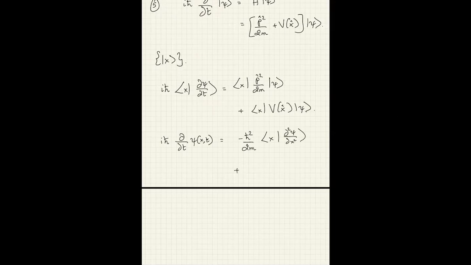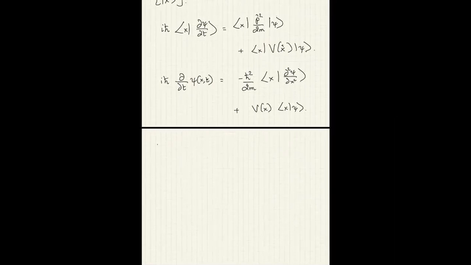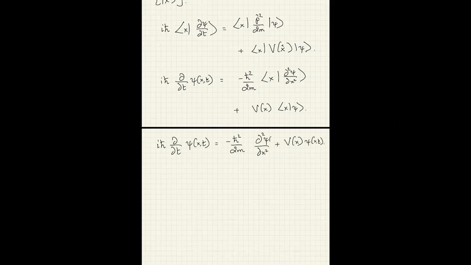So this is simply v of x psi of x. So in the x representation, the time-dependent Schrodinger equation can be written as iħ d/dt of psi of x comma t equals minus ħ square over 2m d square psi over dx square plus v of x psi of x. So this is the Schrodinger equation in the x representation.